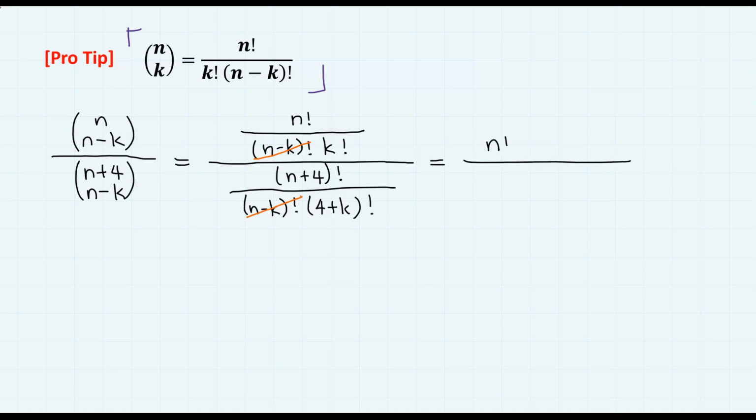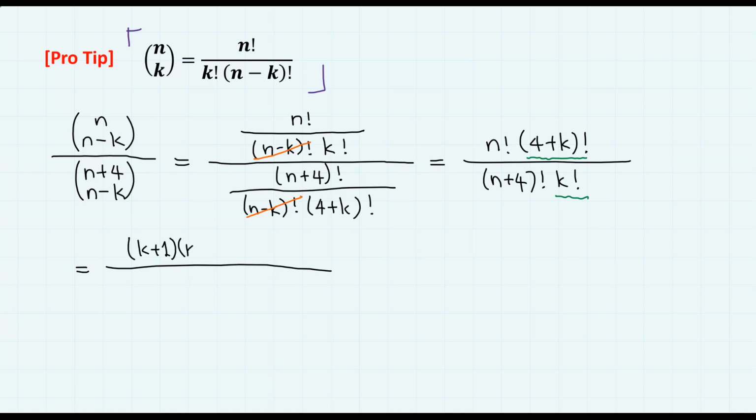Then we have n factorial times 4 plus k factorial in the numerator, and n plus 4 factorial times k factorial in the denominator. This equals, from 4 plus k factorial divided by k factorial, we obtain k plus 1, k plus 2, k plus 3, k plus 4 at the numerator. And from n factorial and n plus 4 factorial, we obtain n plus 1, n plus 2, n plus 3, n plus 4 in the denominator.